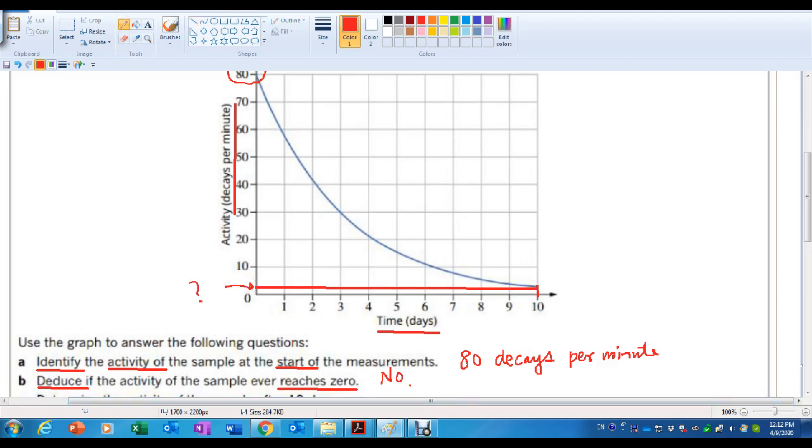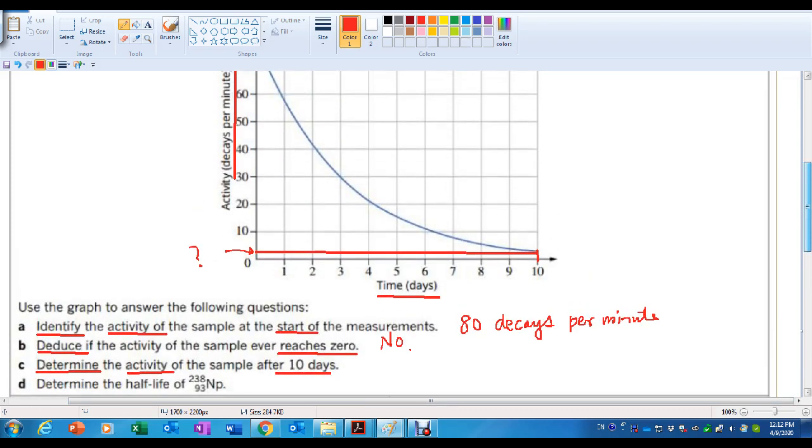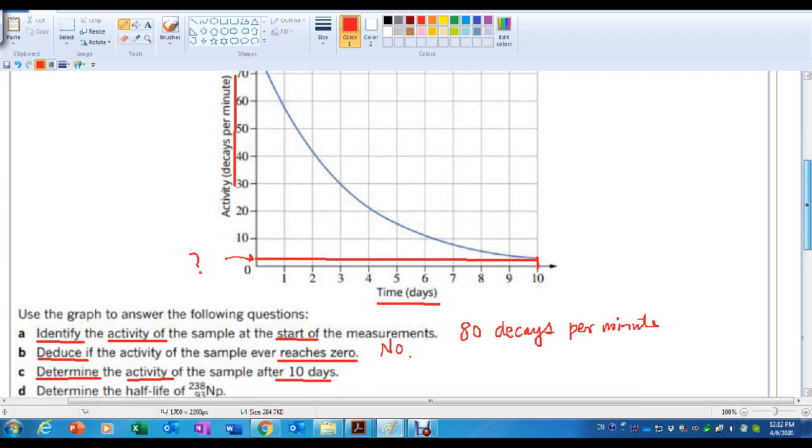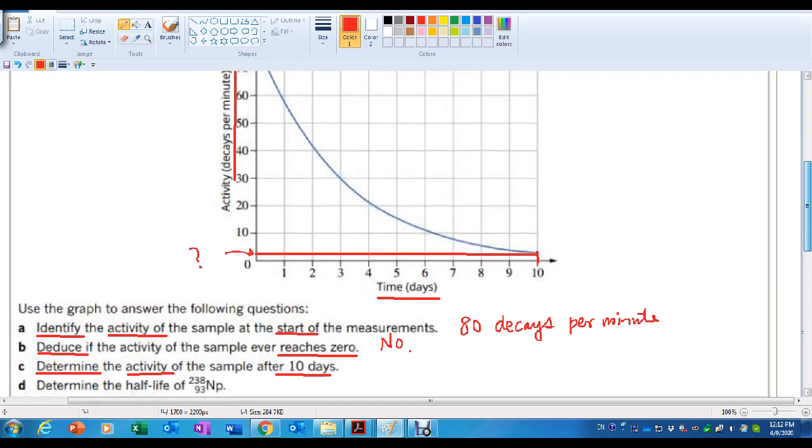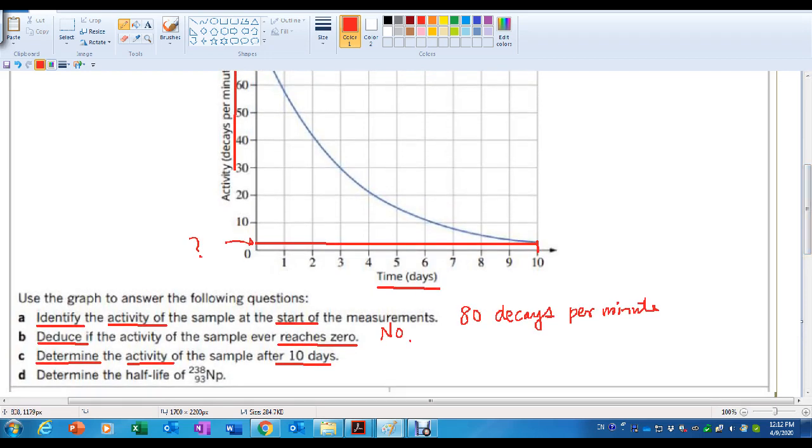It's less than 5, so around 2 or 3 decays per minute. But can we be so sure about this? Of course, if you just look at the graph, you can only approximate. So you say approximately, it should be around 2 or 3, say 2 decays per minute.